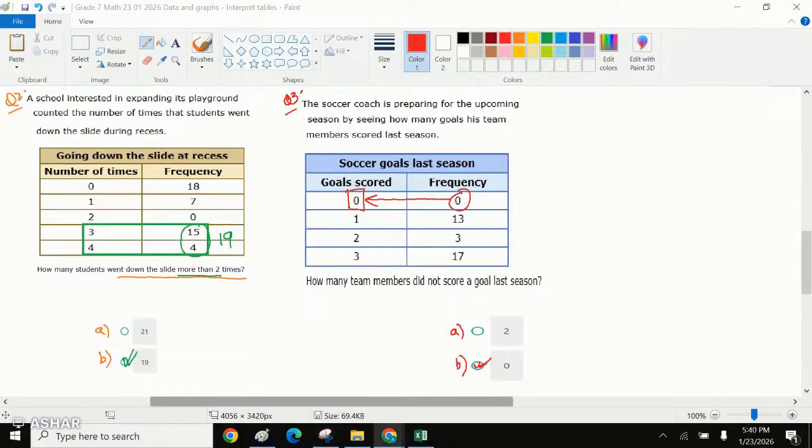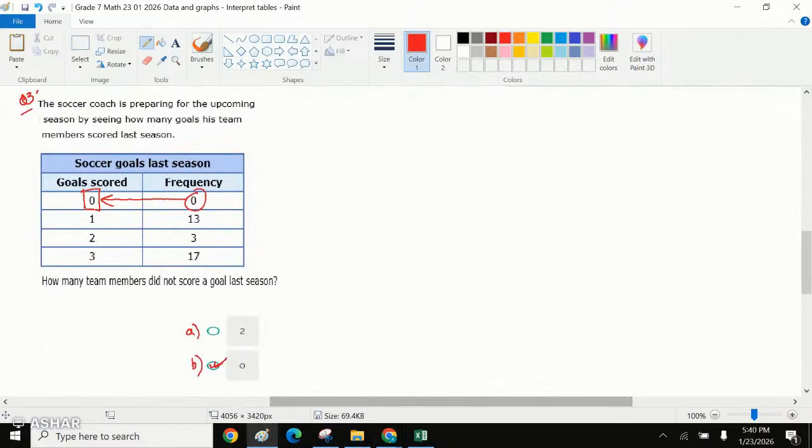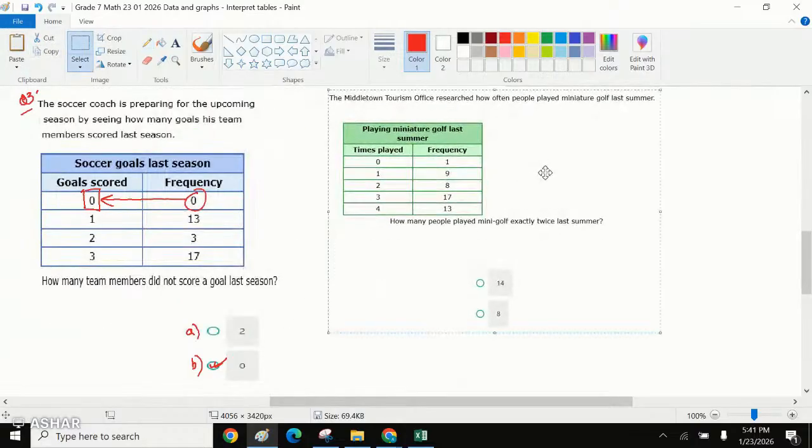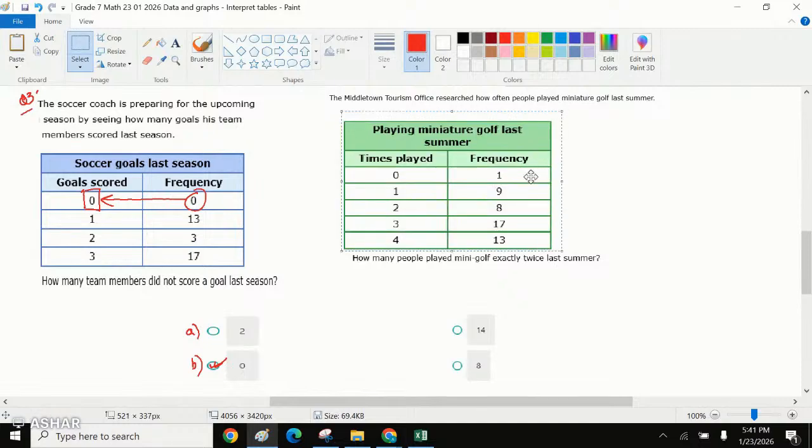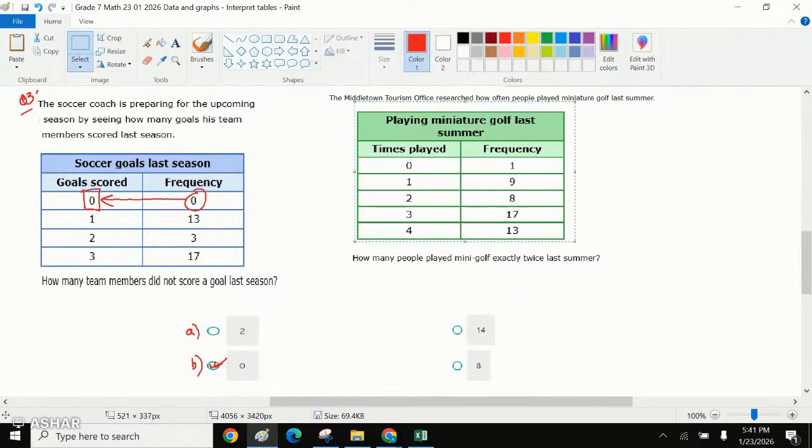They're doing a survey on golf in the summers, and they want to see how many people play. Let's just simply enlarge this. So this was our question number 4.